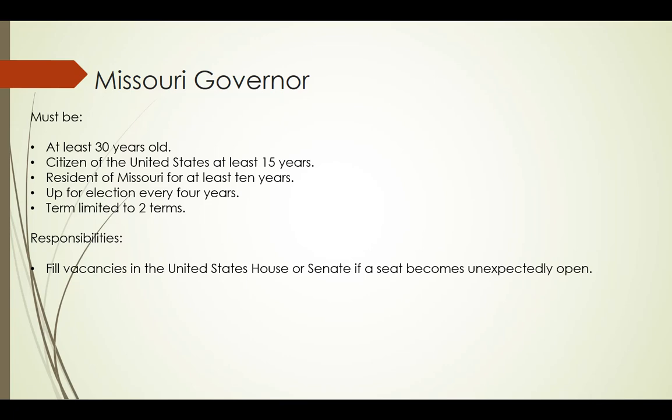Sometimes the governor could fill it with himself or herself, which is kind of silly, but he can and she can do that if he or she feels like it. Missouri governor is also commander-in-chief of the state military forces. That's usually just for sandbagging in the case of floods and stuff like that. Missouri is not marching off to war with anybody.